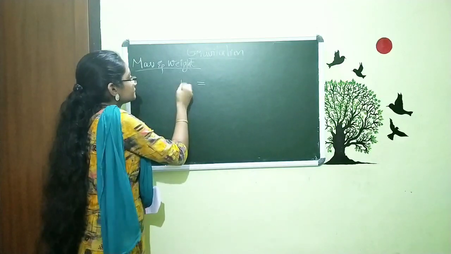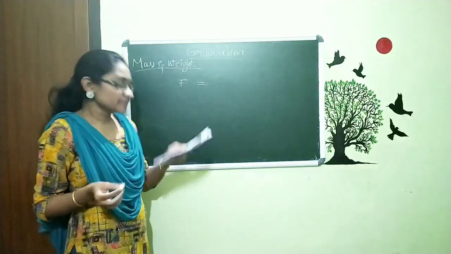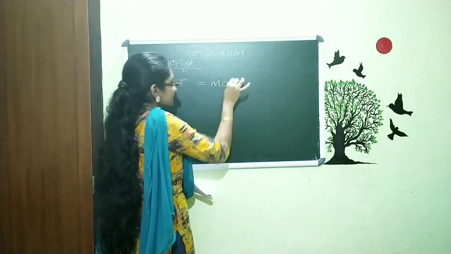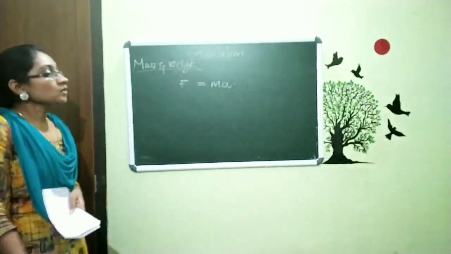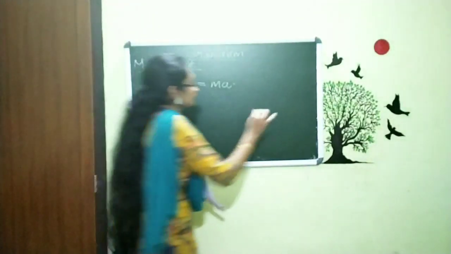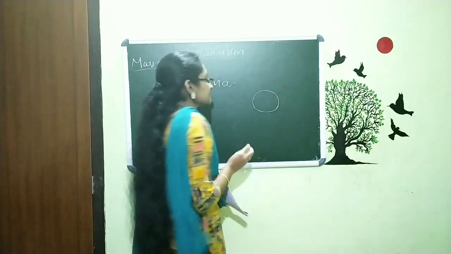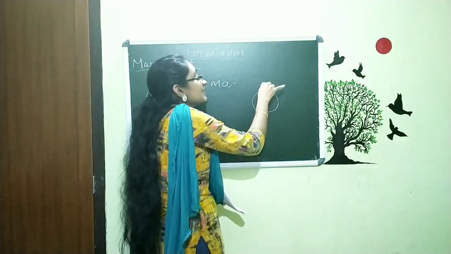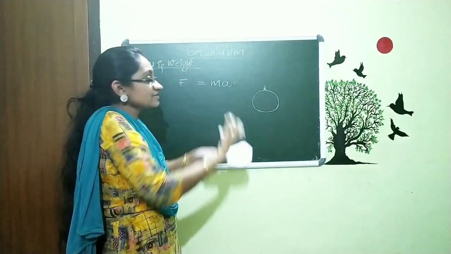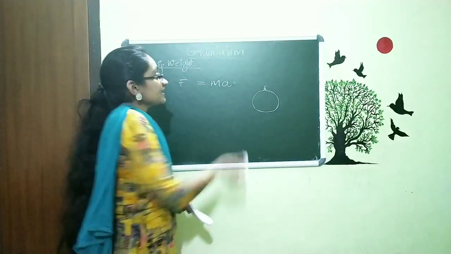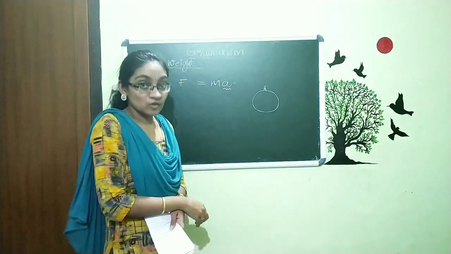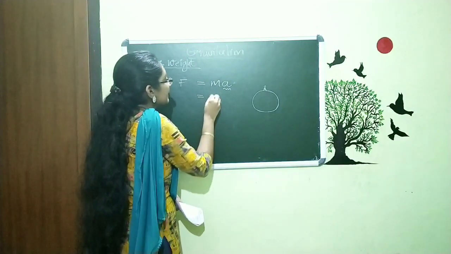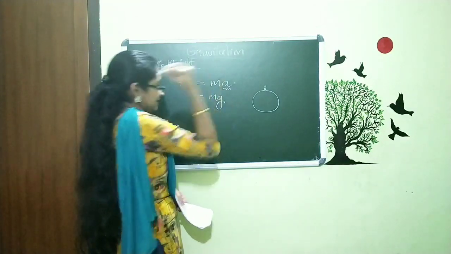First of all, what is Newton's second law? F is equal to mass into acceleration. Now I am going to connect this with here. This is our Earth and here a person is standing. This person has an attractive force towards the Earth and he has the acceleration of 9.8. That means I can write this as m into g.